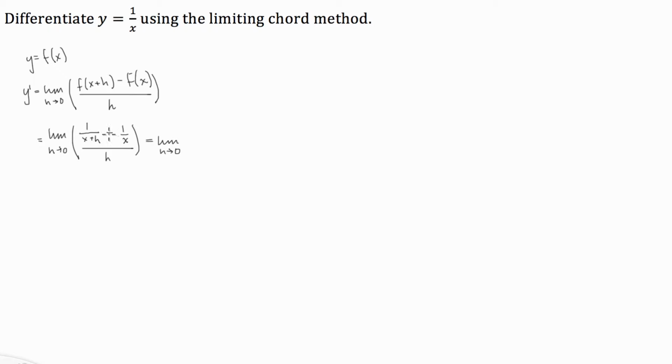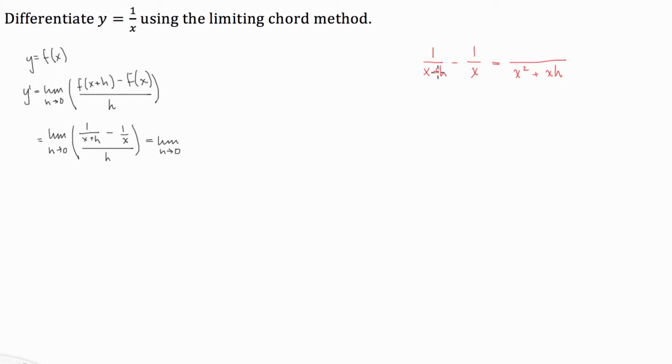Now what we're going to do here is to even start to compute the numerator of this expression, we're going to have to get these on the same base. Now the easiest way to do that is we're going to multiply the bases together and then we'll be able to find the relevant numerators as well. So we'll do that over here. We have 1 over x plus h minus 1 over x. If we multiply the denominators together, we're going to get x squared plus xh.